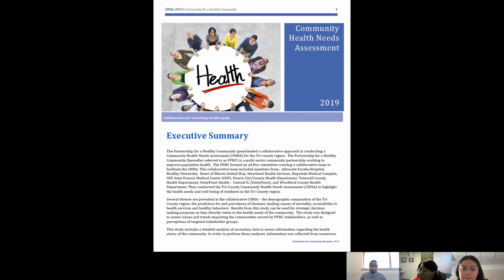Now it's more of a cross-sector approach where we have representatives from social service agencies, from the business community, and other sectors. We're formed into a formal 501c3, meaning we're a not-for-profit organization, but our priority mission as an organization is the development of this needs assessment and the health improvement plan.